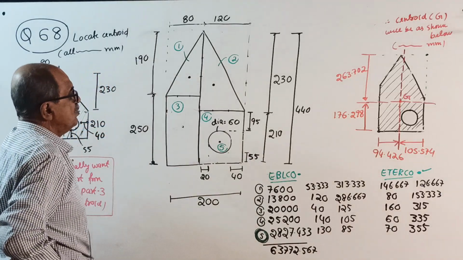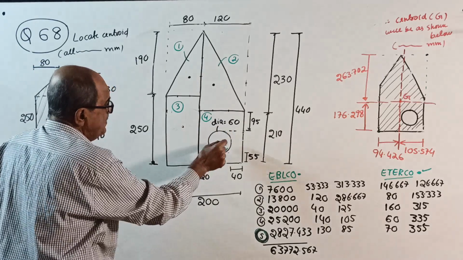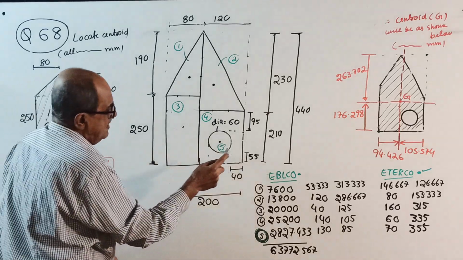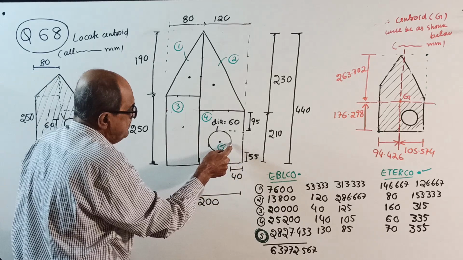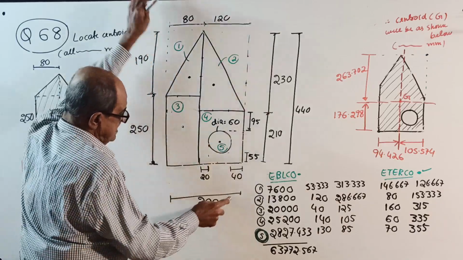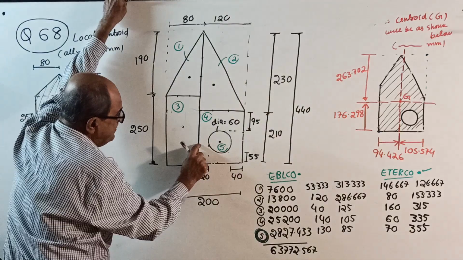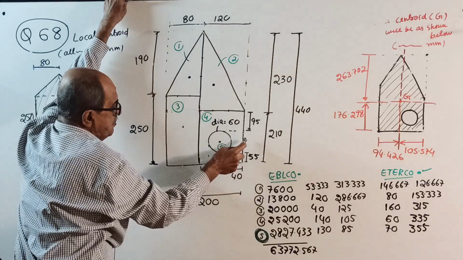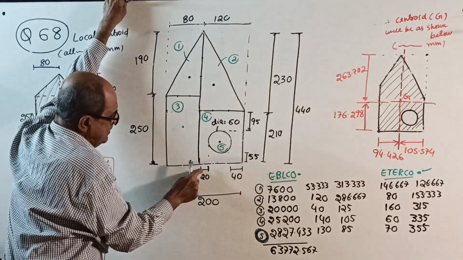Now, correctly mark the circle. Diameter is 60, so the radius is 30. 40 from here up to here. 40 plus 60 from here up to here is 100. This is 120, so the distance gap from this edge is 120 minus 40 minus 60, which is 20.